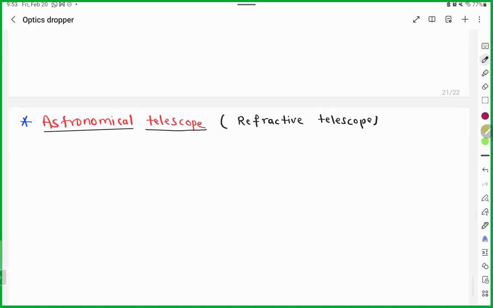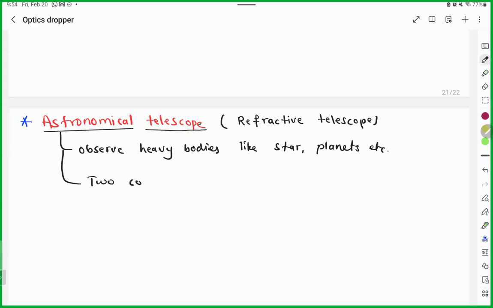What is the use of this astronomical telescope? It is used to observe very heavy bodies placed at infinity, like a star or planet. And again here we use two convex lenses like the compound microscope, but there is a difference.